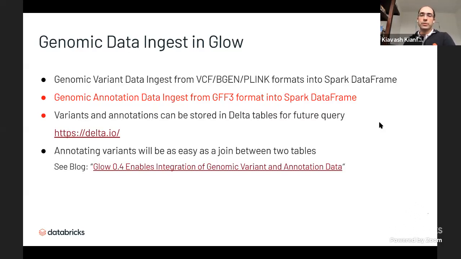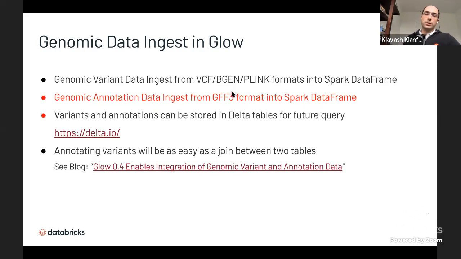If you have worked with genomic annotations, you know that GFF3 is one of the very common formats to store genomic annotations. And we have a data source in GLOW which can similarly be used to ingest the annotation data related to different parts of a genomic sequence into a Spark DataFrame.